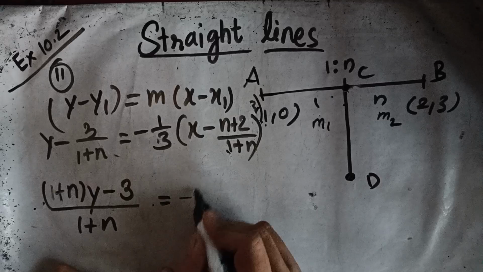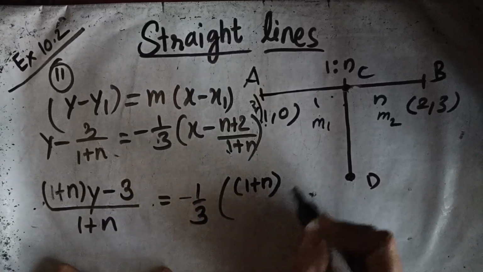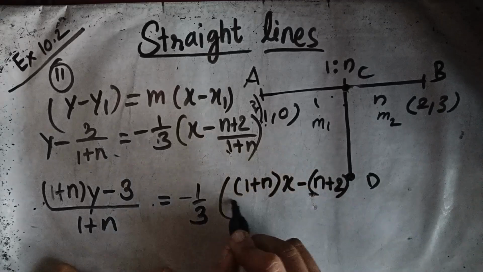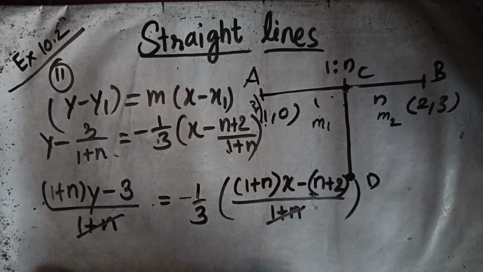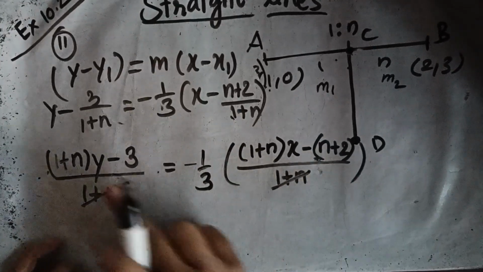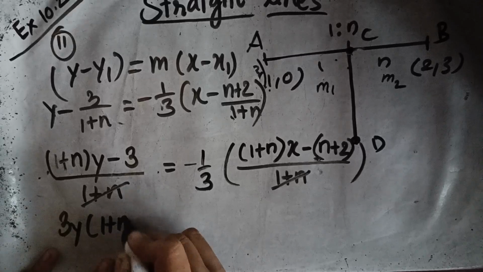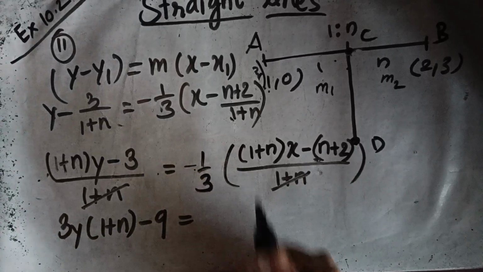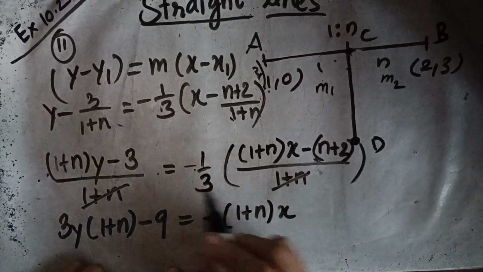Here also cross multiply. So we can remove this 1 plus n. 3 you can multiply here. So 3y into 1 plus n minus 9 equal to minus 1, I'm taking inside.